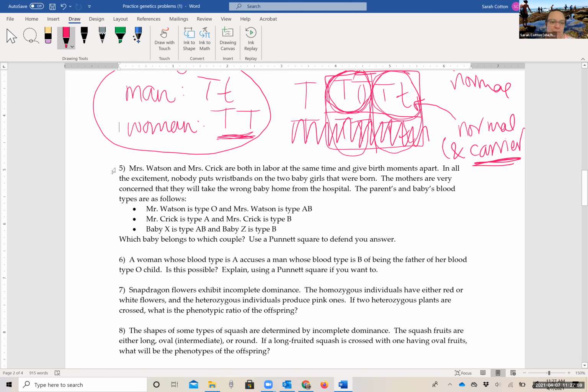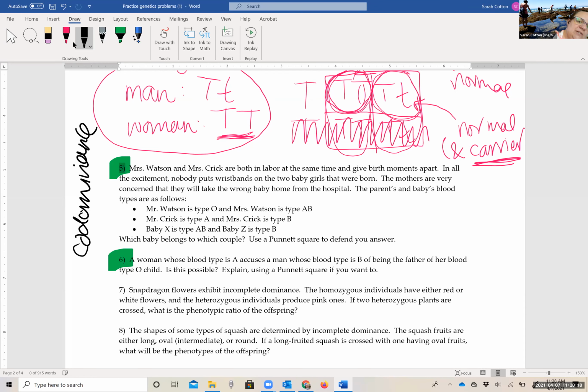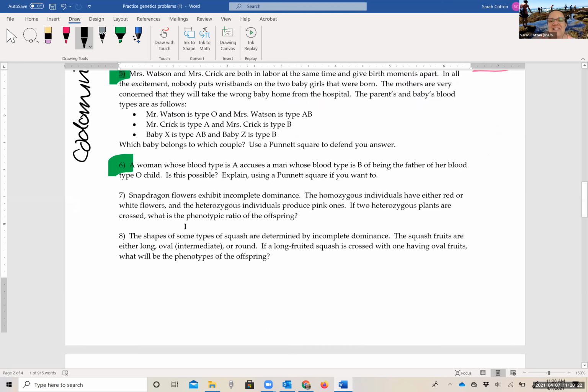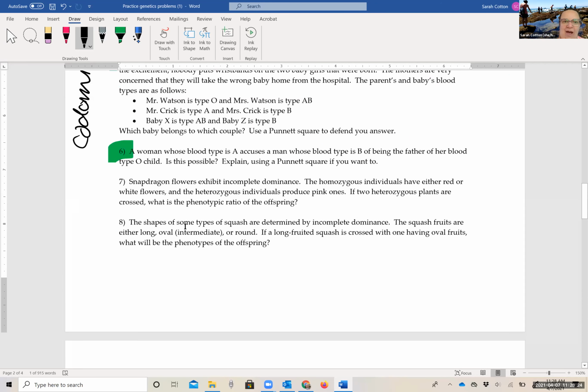Okay. So number 5 and number 6 are both about blood type, which is a codominance situation. And if you're like, I don't know what codominance is yet, that's okay. You'll get there. And then 7 and 8 are both about incomplete dominance.